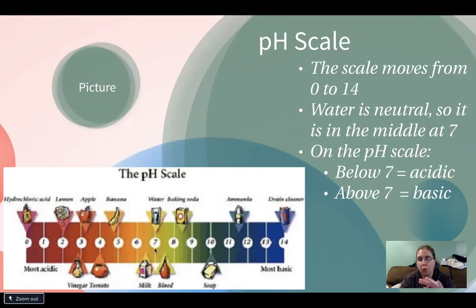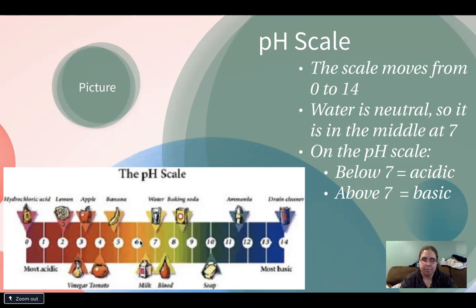So pure water, pure H2O, has a pH of 7, meaning that since it's right in the middle, it is neutral. If the value is below 7, so 0 to about 6.5, then the substance is considered an acid.